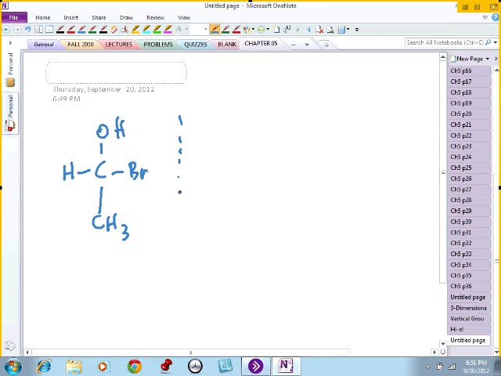And then we draw the mirror image of this. The mirror image will look like this. Bromine here, hydroxy here, hydrogen here, and methyl here. These are two mirror images that will not superimpose, because they just will not superimpose no matter what you do.